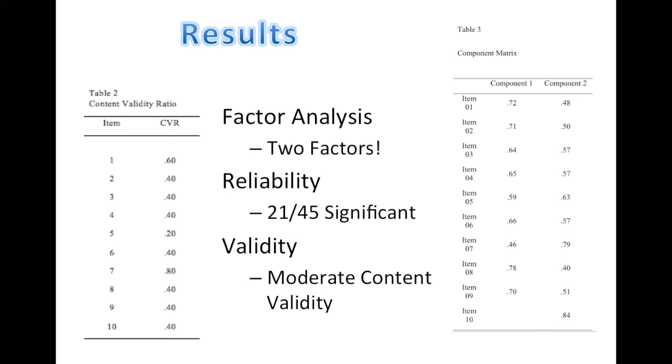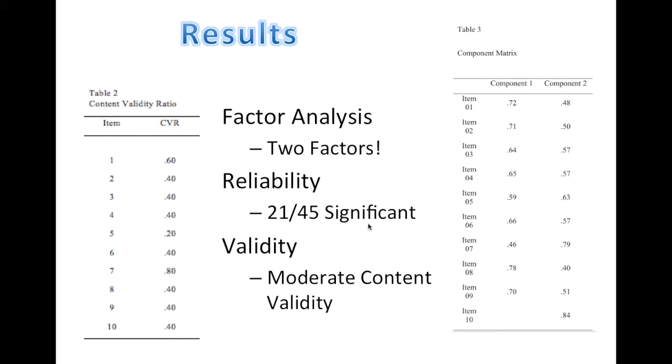Seven of the 10 items, as we can see here to the right, loaded primarily on component 1, and 3 of them on component 2, while all of them have values of 0.4 or greater. So each component contributes significantly to measuring academic optimism.